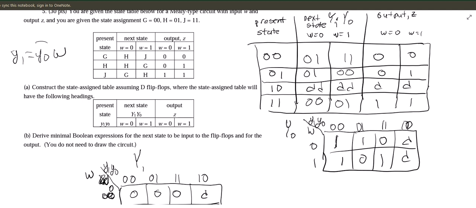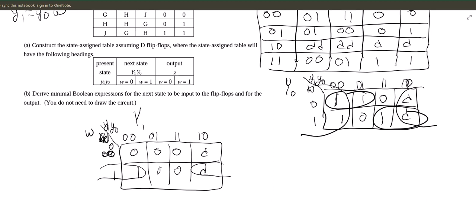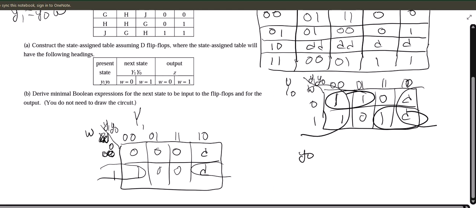Okay, so we have this group, and we have this group, and we have this group. So the group of 4 would be Y0 bar.